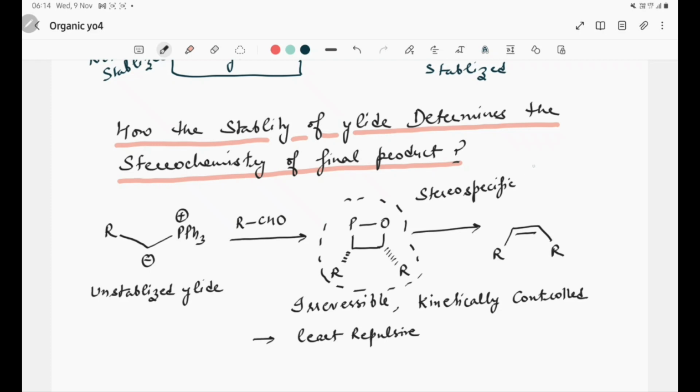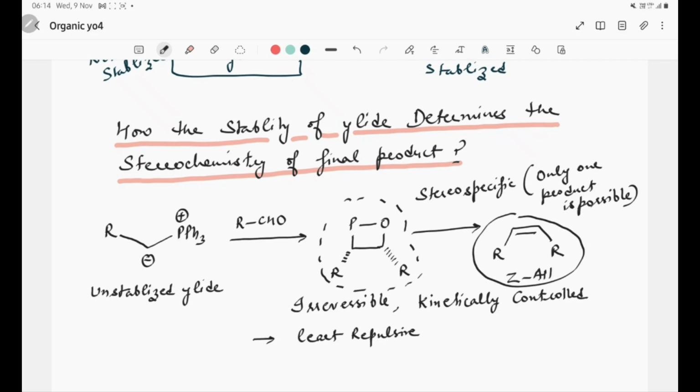That means only one product is possible, that is Z alkene. Therefore, unstabilized ylides always form Z alkene in the Wittig reaction.